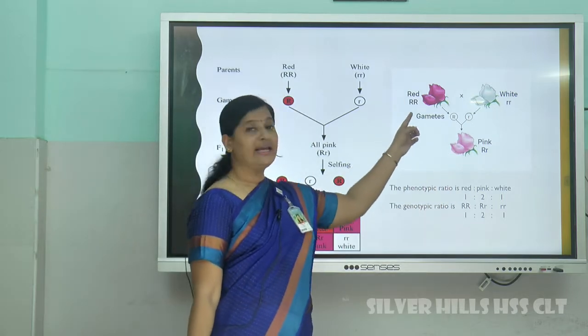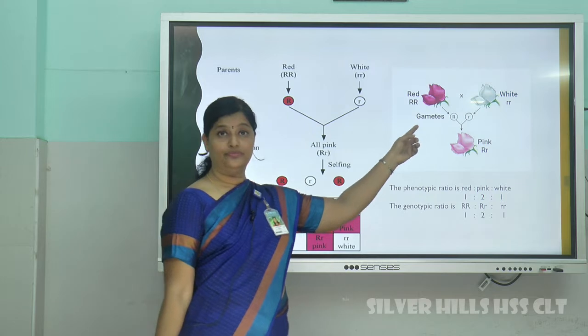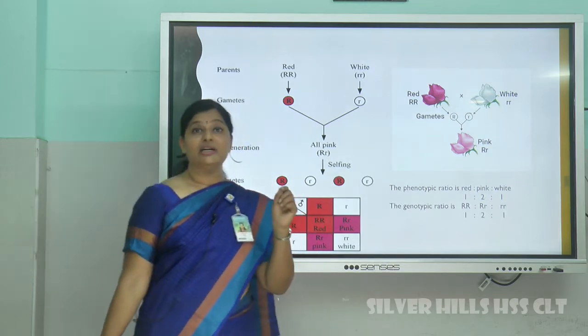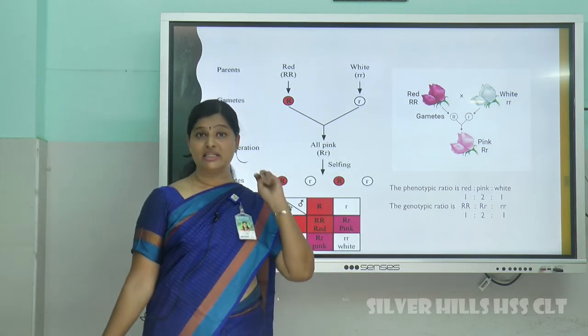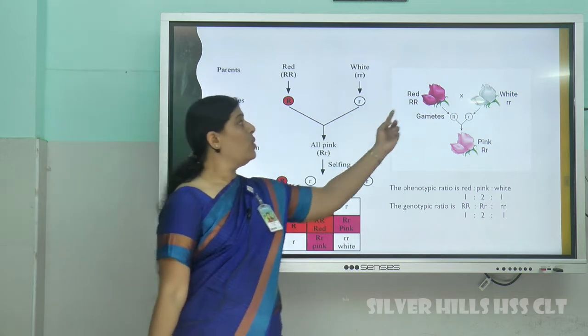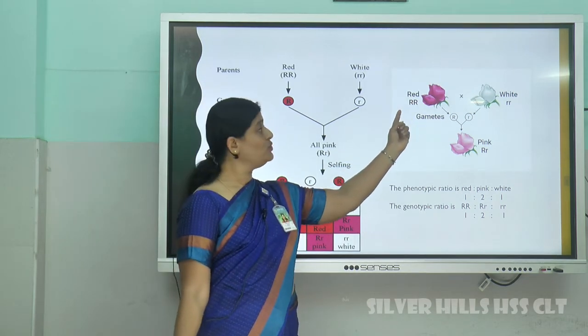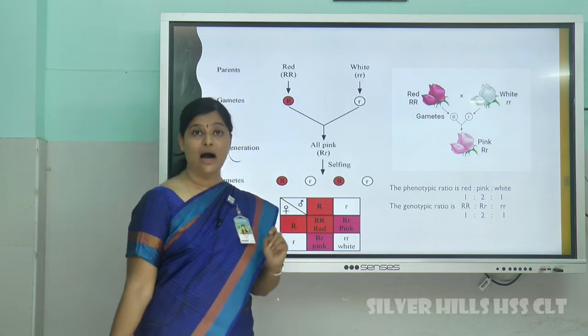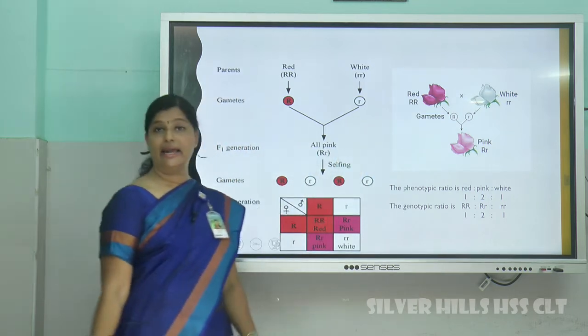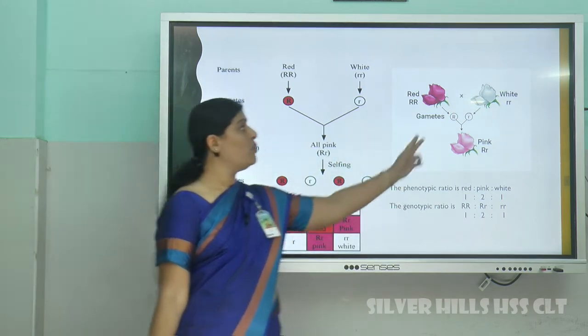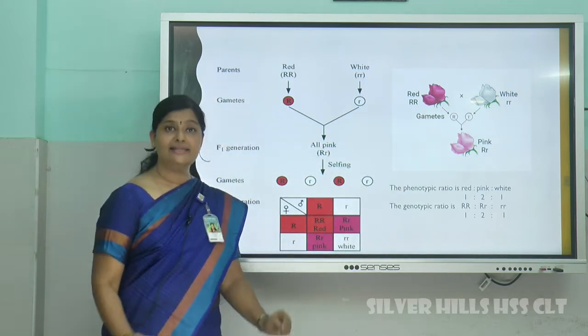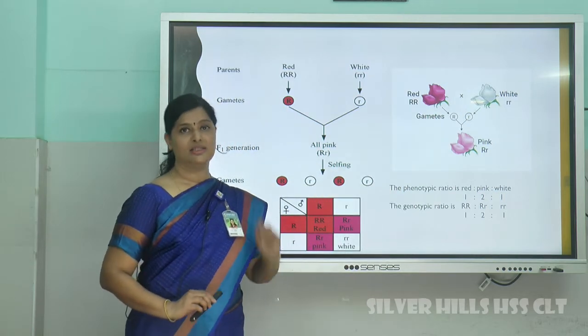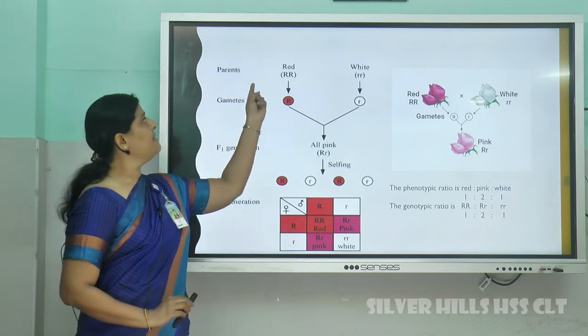Okay. Now let's see, for red color, each character is controlled by a pair of factors, that we already know. For red color, the two alleles are capital R and capital R. And for white color, the alleles are small r and small r, right? See the parents.